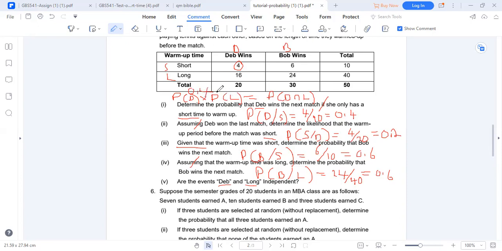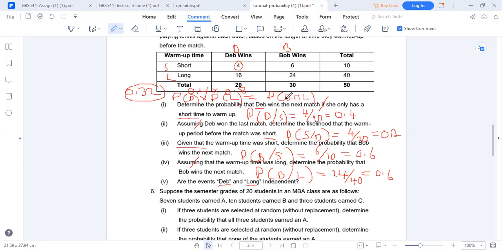What's the probability for Long? 40 over 50, which is 0.8. The total when you apply these two is 0.32, correct. This must be equal to Deb intersection Long.